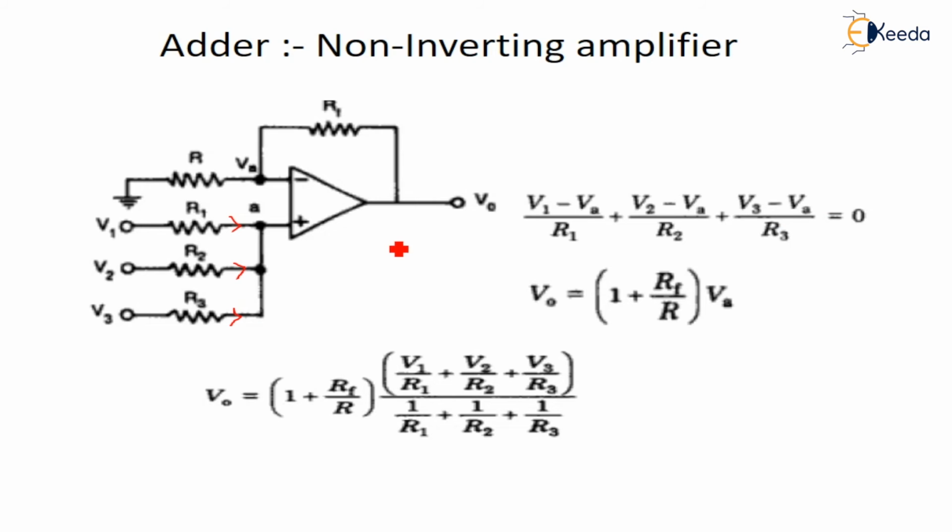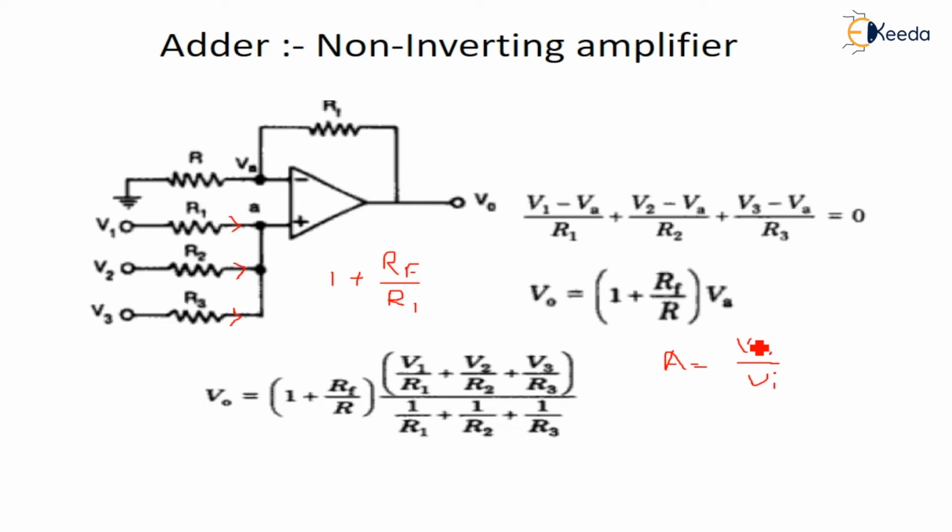Now we know the gain of this non-inverting amplifier is 1 plus RF upon R. The gain is equal to output divided by input. Am I right?